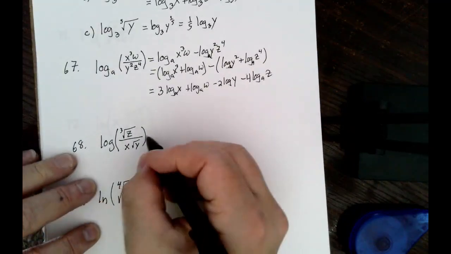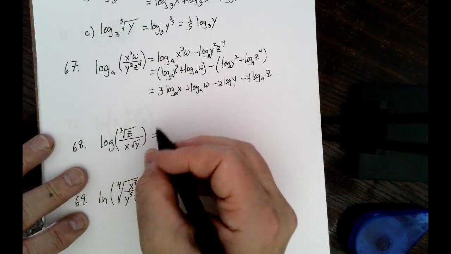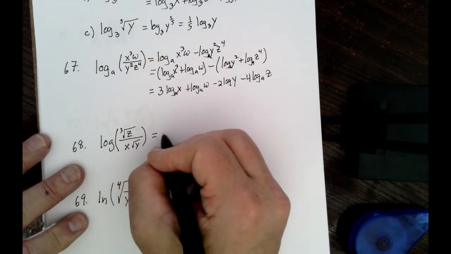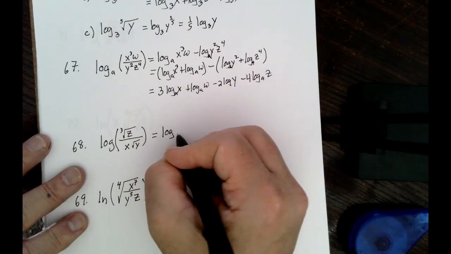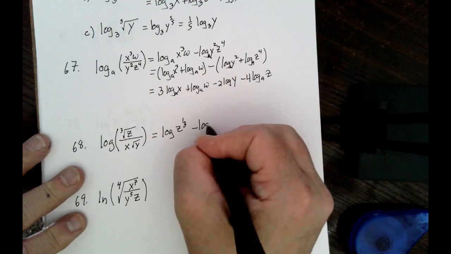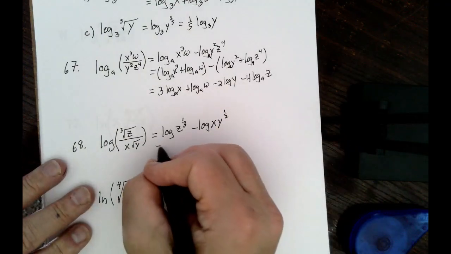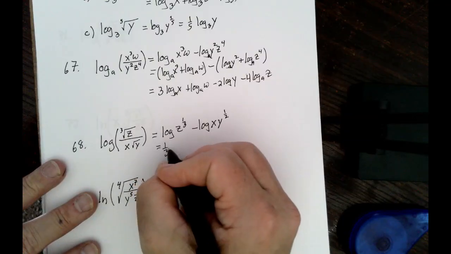Okay, and now this one breaks up into subtraction, and you might as well write the third root and second root as 1/3 power and 1/2 power. So you got log of z to the 1/3 minus log x y to the 1/2. Okay, and you can bring the 1/3 out front.